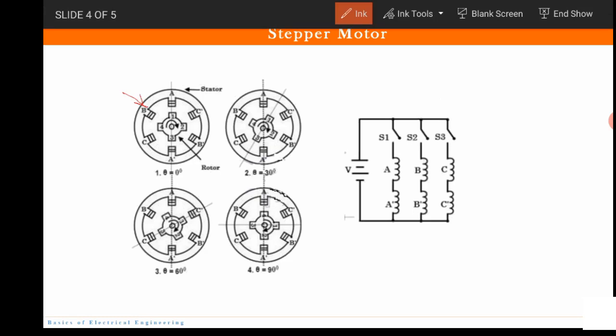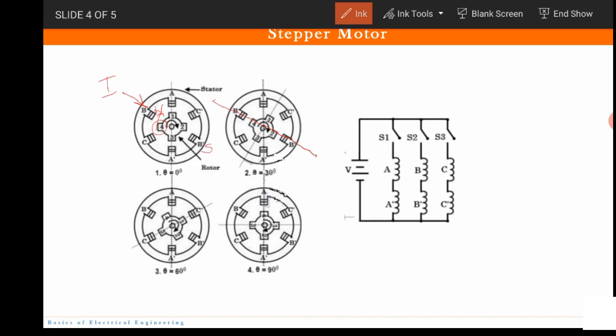First we are energizing B. So this becomes the North Pole and B dash becomes the South Pole. Which pole is closest to this? This. So this gets attracted towards the North Pole, and see, this is the new position. This aligns itself to the direction of B and B dash. Okay?